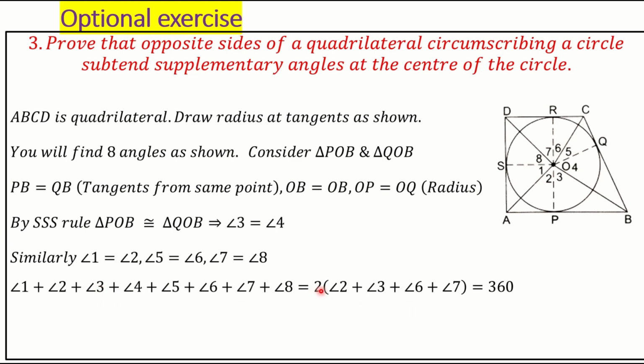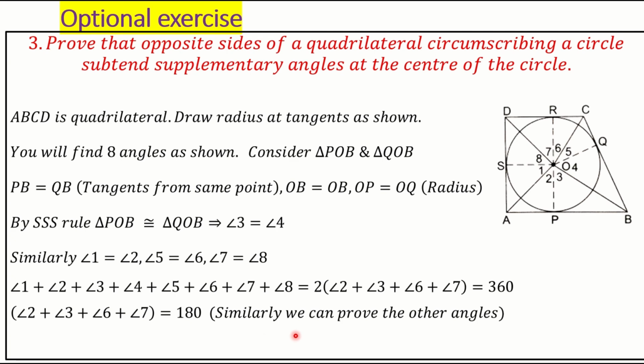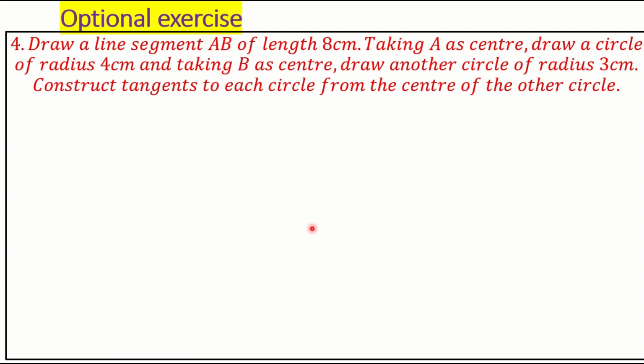So 2 times angle 2 plus angle 3 plus angle 6 plus angle 7 equals 360. So 2 plus 3 plus 6 plus 7 is 180 degrees, correct? Similarly, we can prove the other two. They are supplementary.